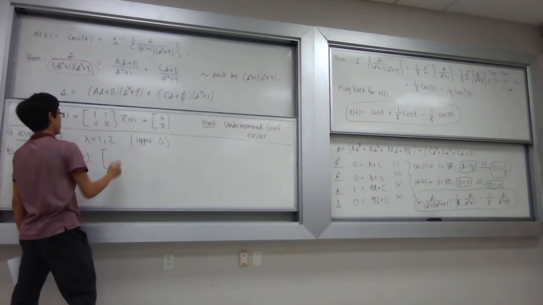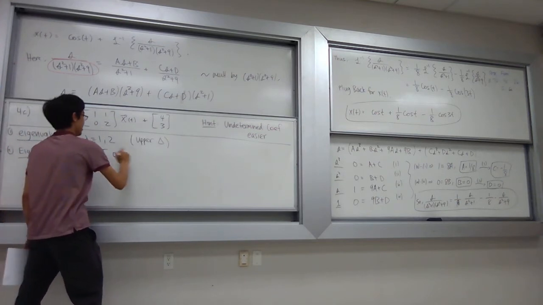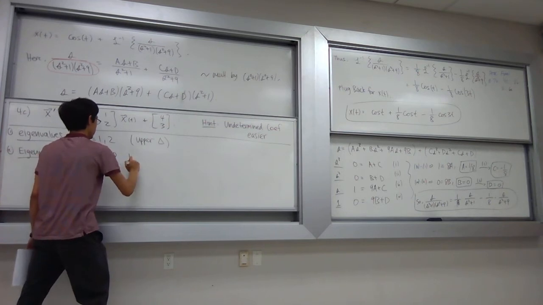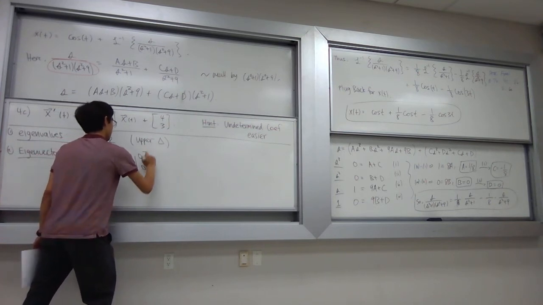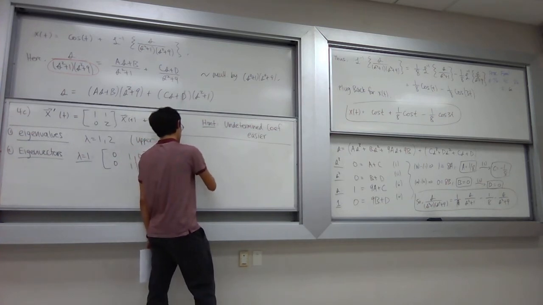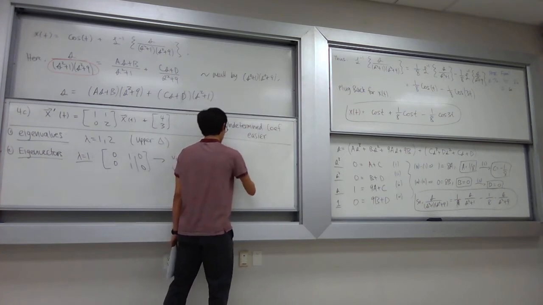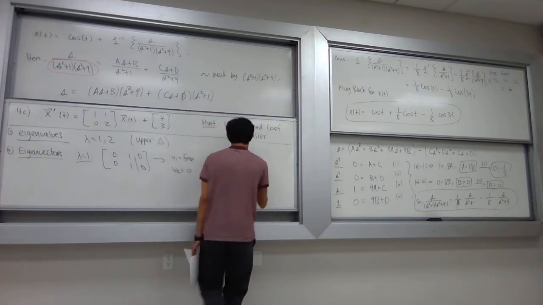So if we subtract 1 off the diagonal for A minus 1I, we get 0, 1, 0, 1, and 0, 0. What does this tell you? So first component's free, the second component's 0. Your eigenvector looks like a constant times 1, 0.